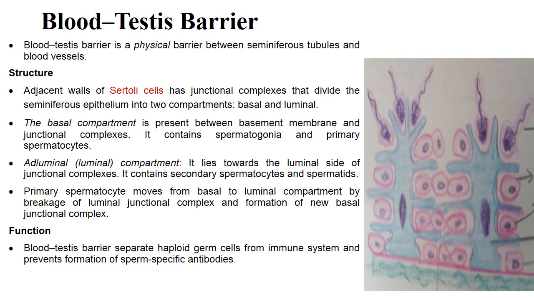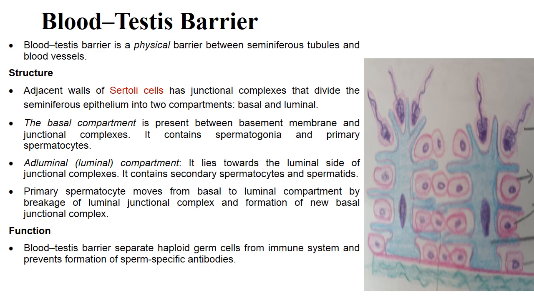Blood-testis barrier is a physical barrier between the seminiferous tubule and blood vessels. The adjacent walls of the Sertoli cells have junctional complexes that divide the seminiferous wall into two compartments: the basal compartment and the adluminal compartment.